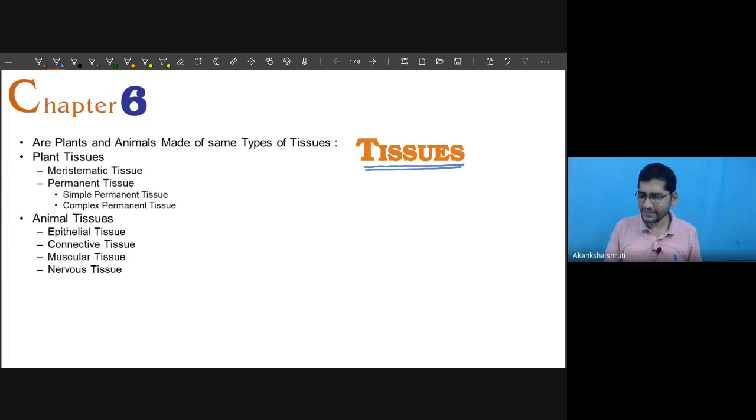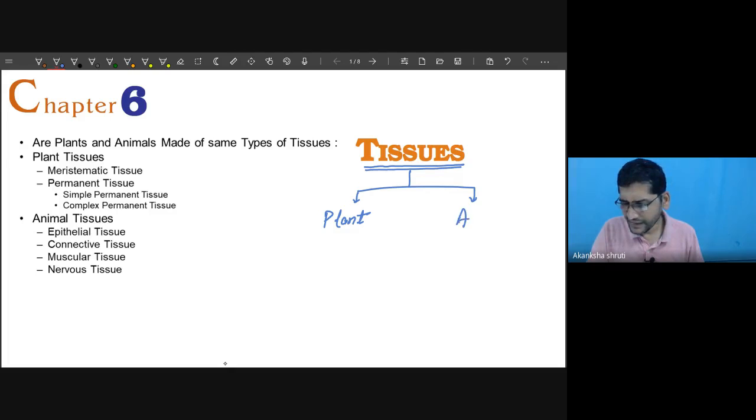Here we will discuss the two categories of tissues. One is plant tissues, because both plant and animal are alive, and the next one is animal tissues.